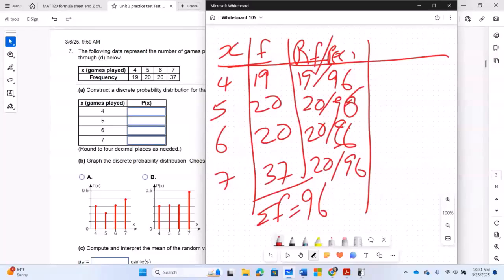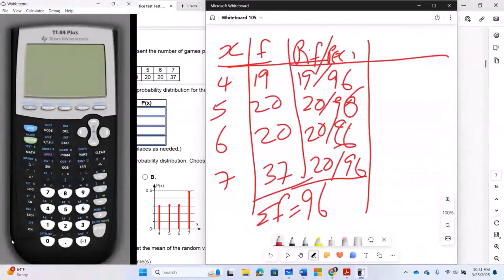I have to look at the options given to me. Are they in whole numbers or fractions? They're in fractions, and so that is why I want to change the relative frequency to fractions. Okay, so I'll get my calculator.